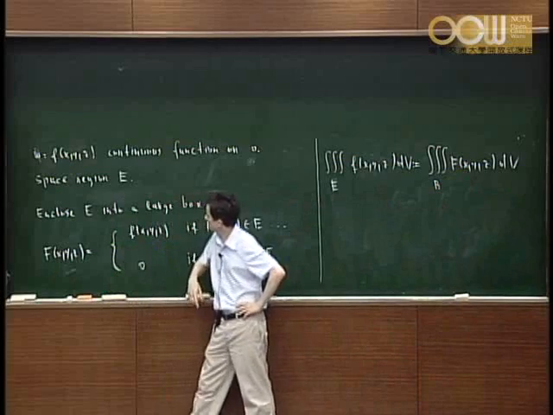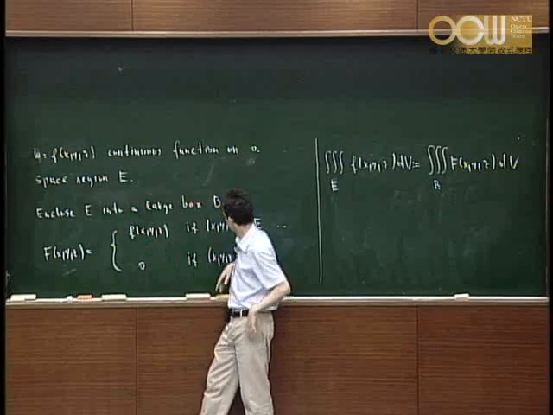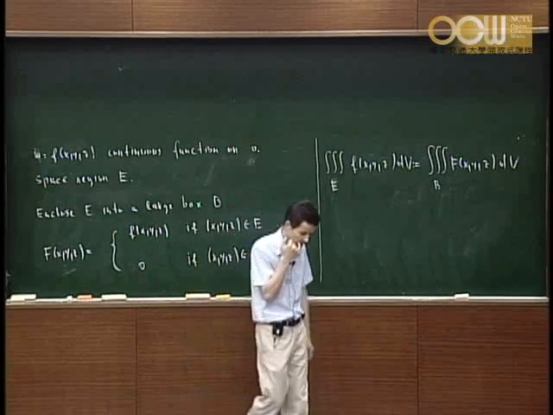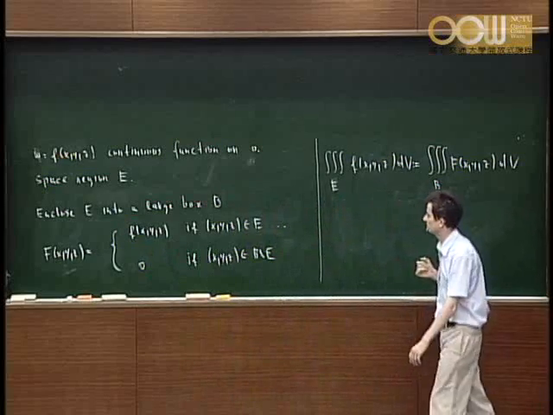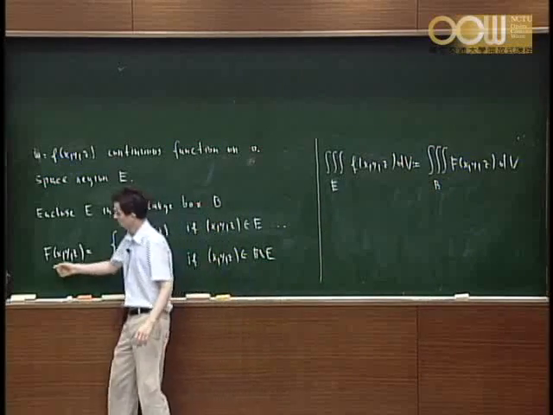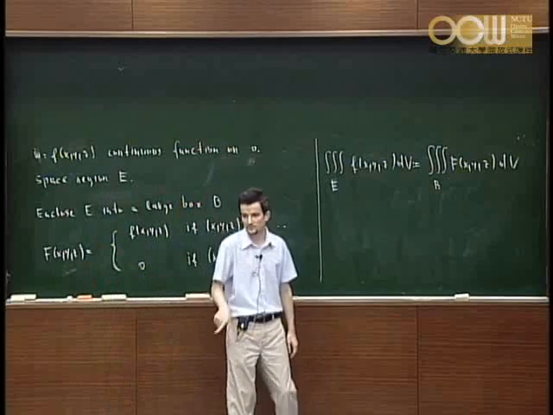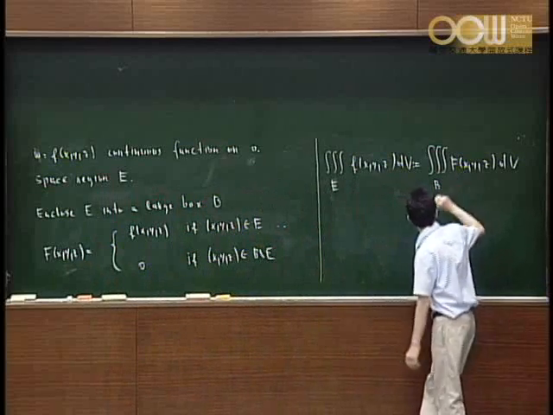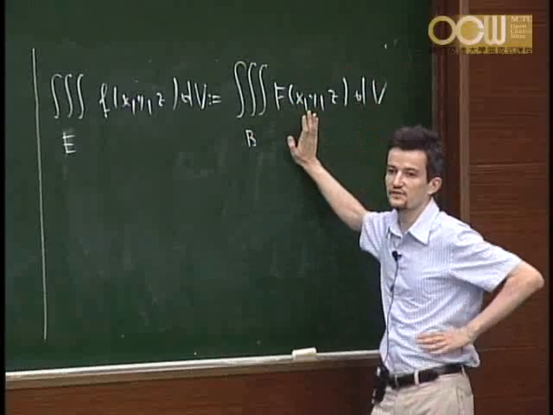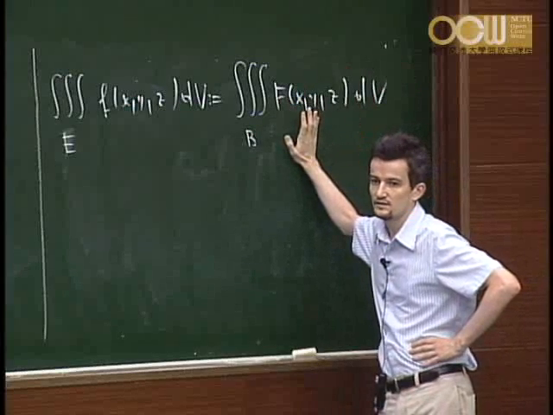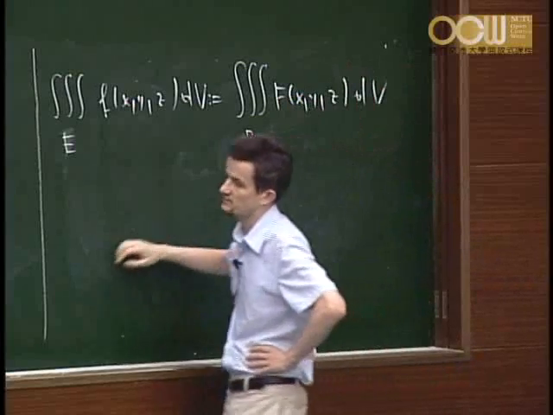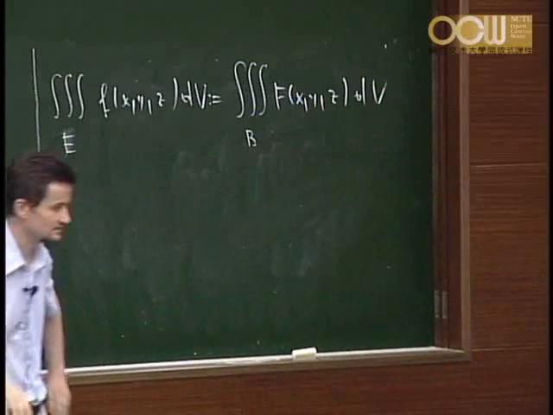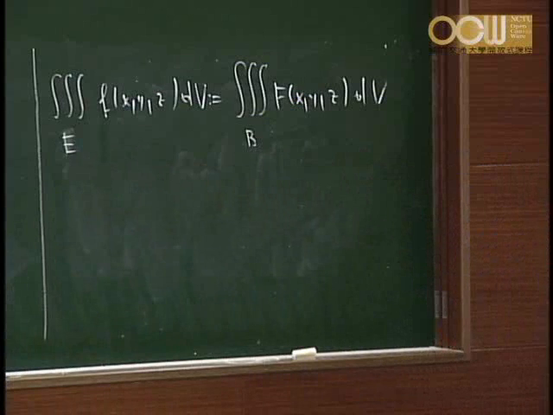The capital F is the small f, but you cut it off outside the space region E. In particular, it will not be continuous on the boundary of E. So the triple integral will not necessarily exist, but it will always exist if the boundary of E is not too ugly. We are not going into details. Once more, if you're interested in details, you're welcome to choose higher calculus later on.